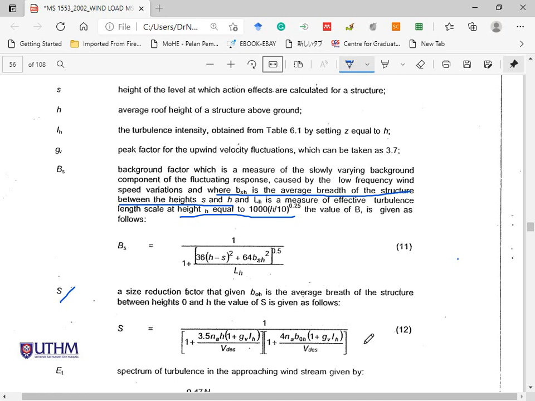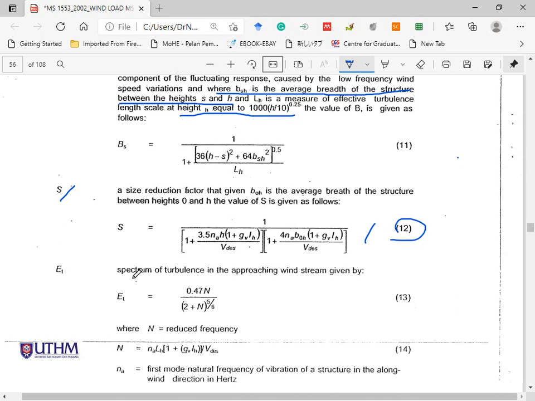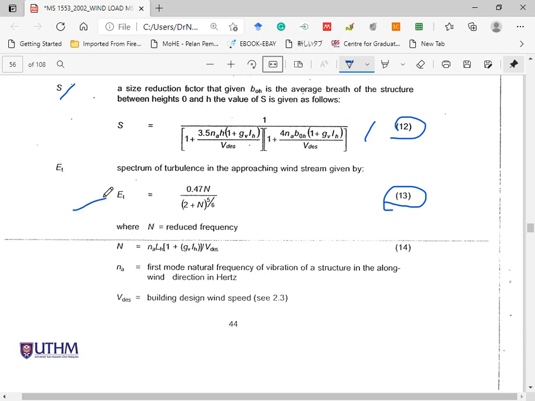The definition for S is as stated in equation 12, and Et here is the spectrum of turbulence in the approaching wind stream given by equation 13. To complete this equation you need to calculate this one. Na is usually given. And this is the building design wind speed, so need to refer to section 2.